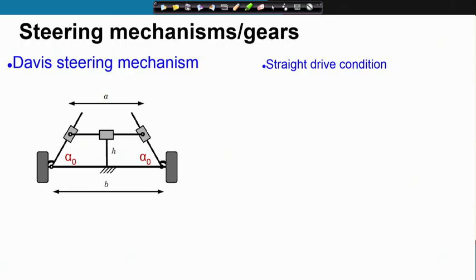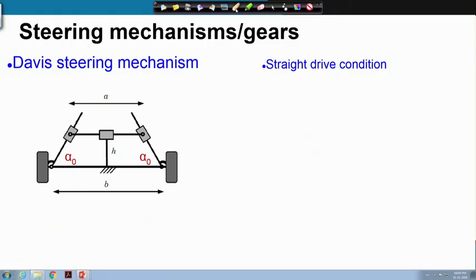In the straight drive configuration, as I have shown here in the figure on the left, we have these lengths: the length of this bar is a, and the distance between the two wheels is b. Therefore, in the straight drive condition, we have this angle alpha naught on both the sides.